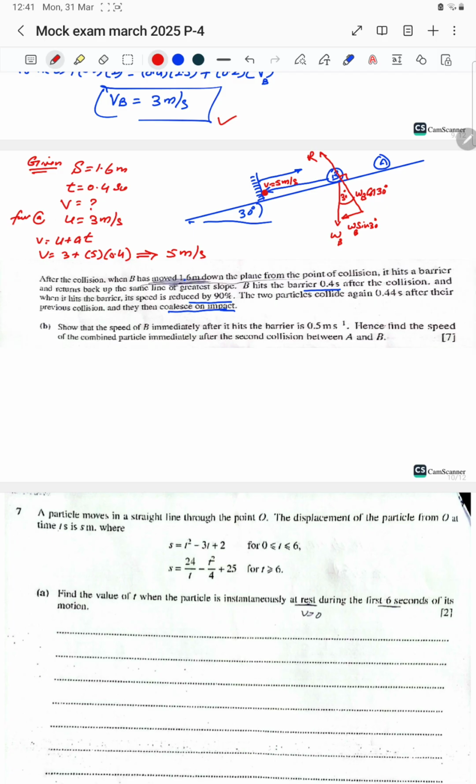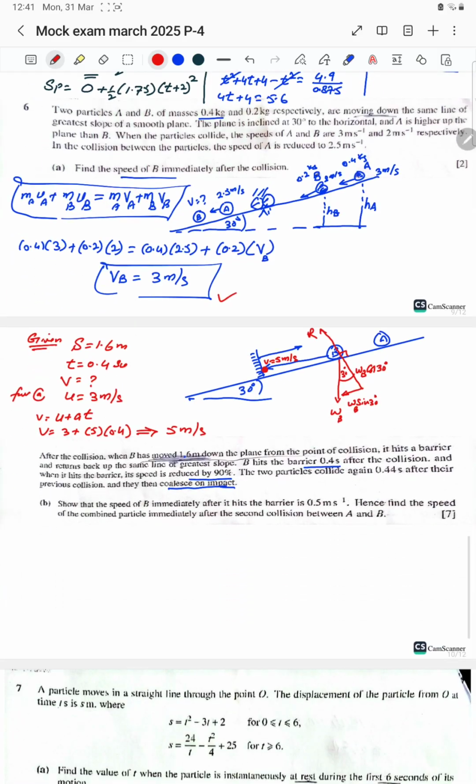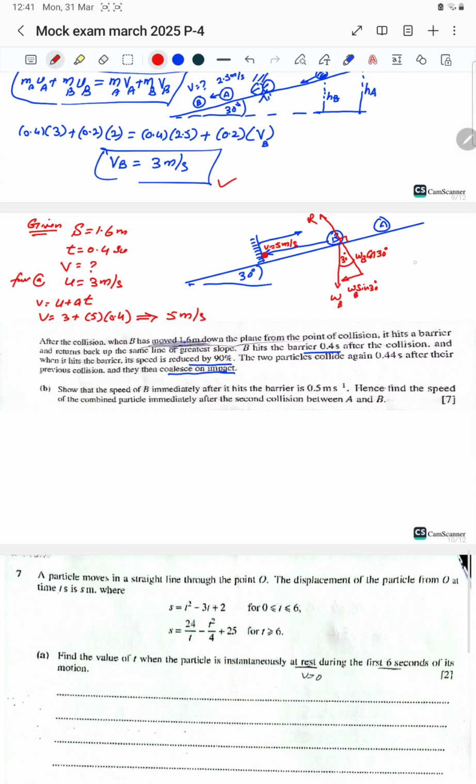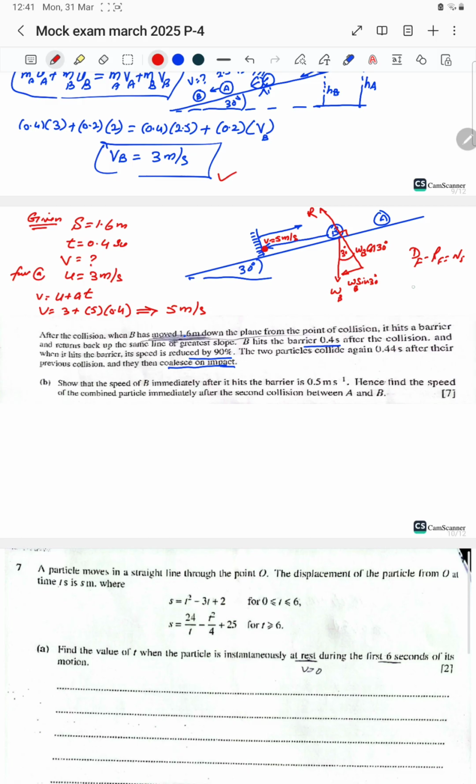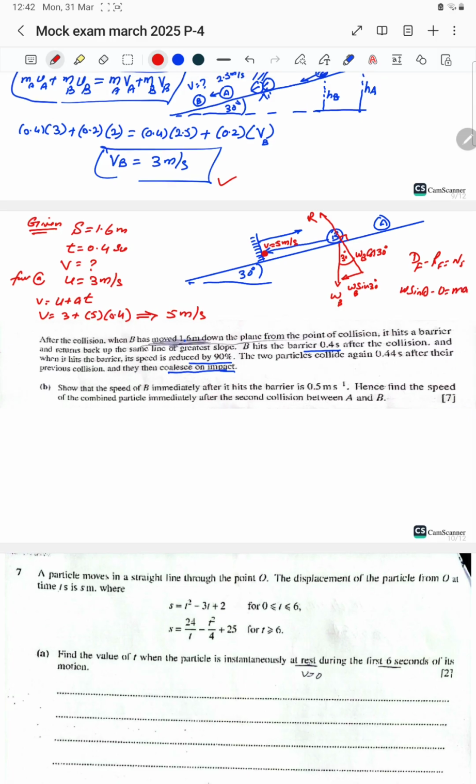V is 5 meter per second when it hits the barrier. And a was 5. Here, did we calculate a before? No. So for a we know driving force minus resistive force is equal to net force. Driving force here was W sin theta, and there was no resistive force, equal to ma.